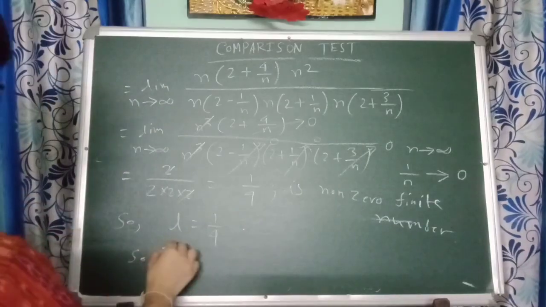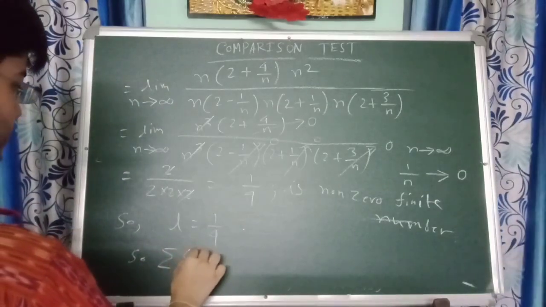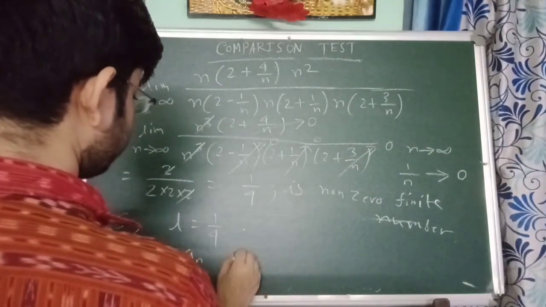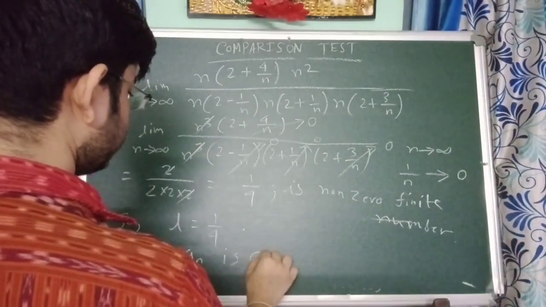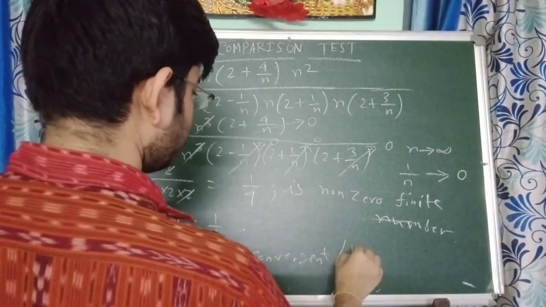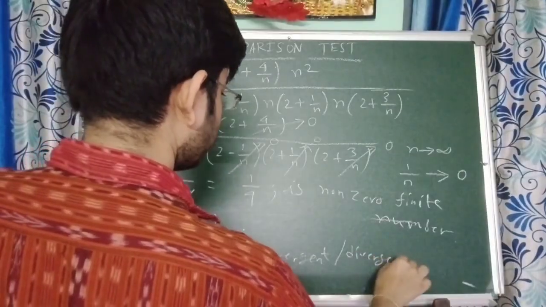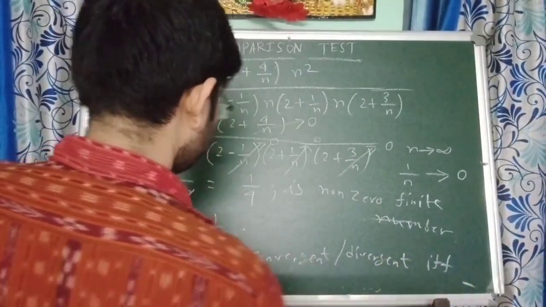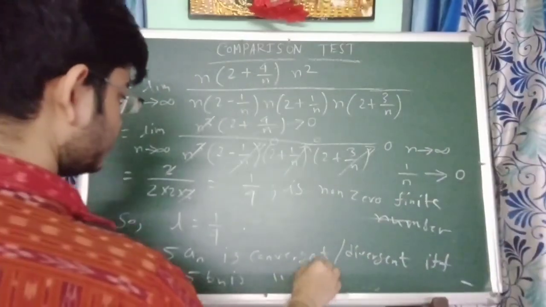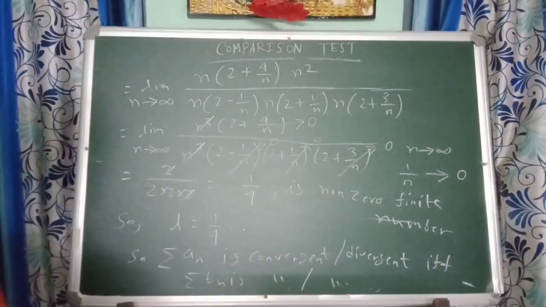So summation an is convergent or divergent if and only if summation bn is convergent or divergent.